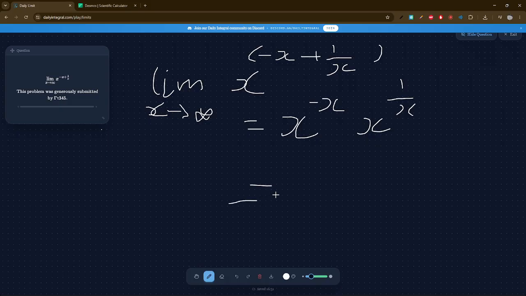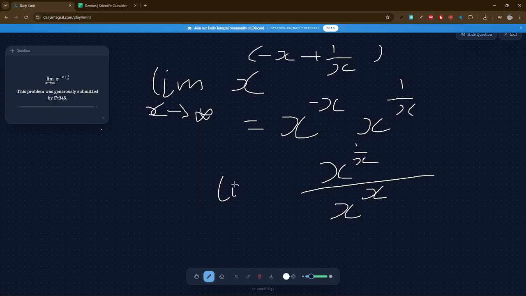And we can transform it like this: x to the 1 over x over x to the x, and we do the limit of that as it goes to infinity.